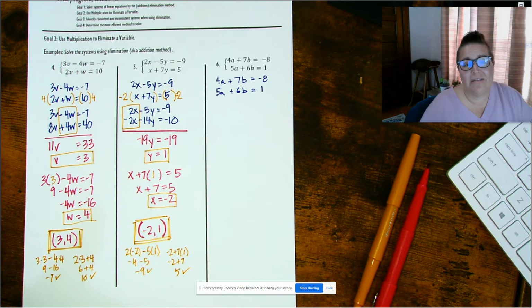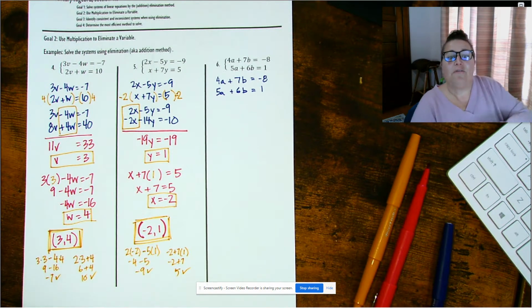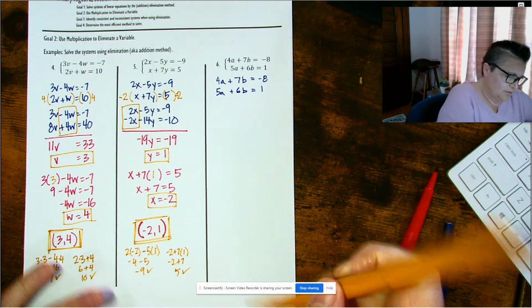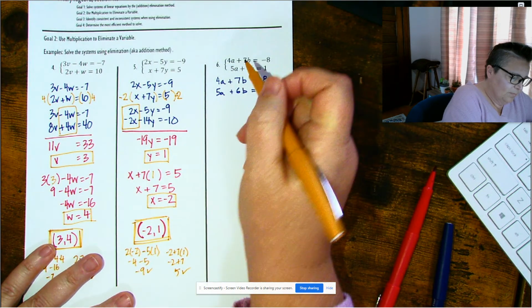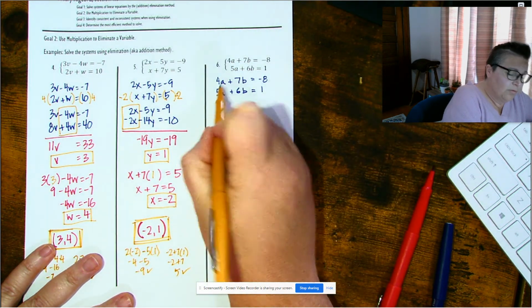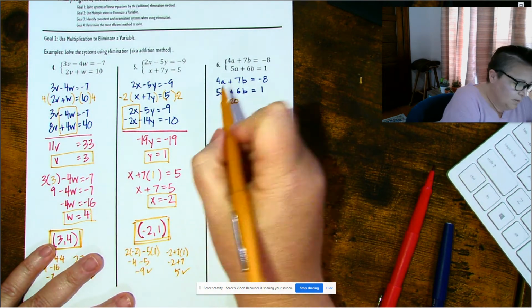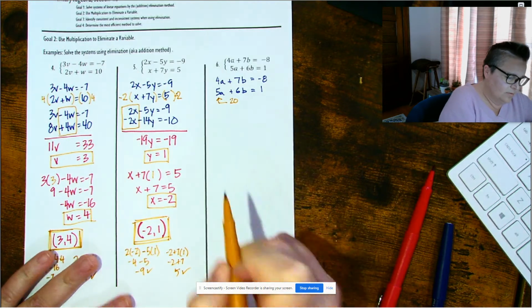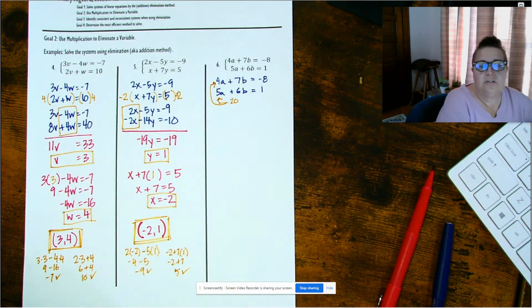Could I have done 7 and 6? Yeah. A common multiple for 7 and 6 is 42. I could have gone with 42. But since 4 and 5 are more familiar to me, I'm going to go ahead and use the 4 and the 5. So the common multiple for 4 and 5 is 20. So I'm going to try to raise both of these coefficients to 20.